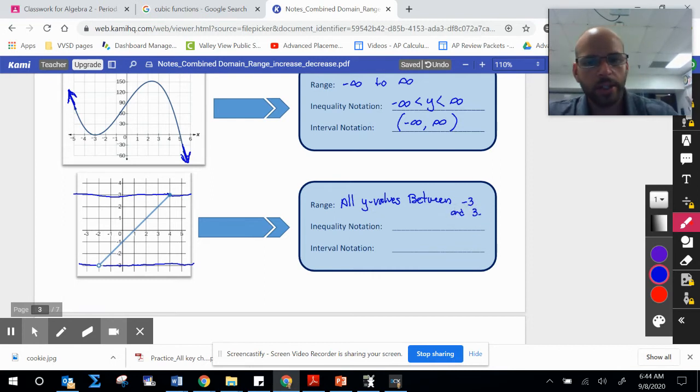So my inequality notation is going to be from a -3, and that was an open circle. And then I'm going to say a y. As soon as my pen starts working here. There we go. And then at +3, we had a closed circle. So my interval notation is going to be parentheses, -3, comma, +3 with a bracket.